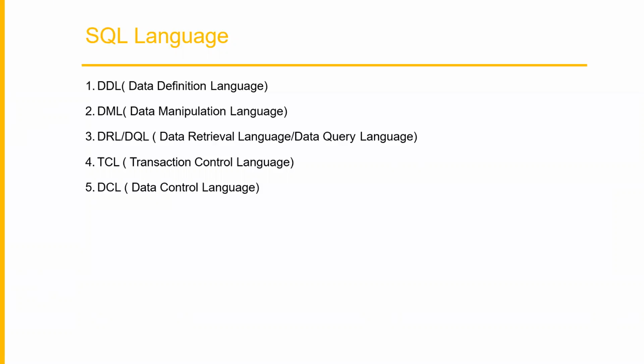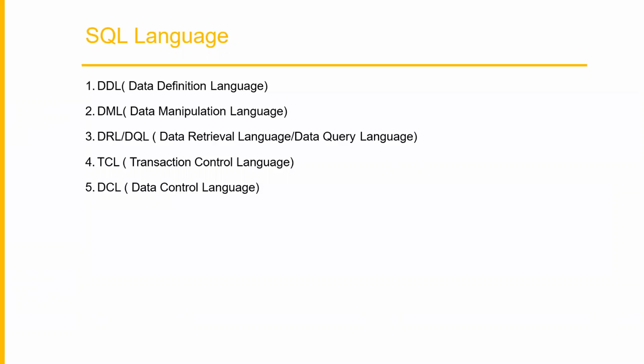So we have created a table, fine. We want to add some data into the table, or at a later point of time we want to modify some data in the table, or delete some rows from the table. All these types of commands come under data manipulation language, DML commands.